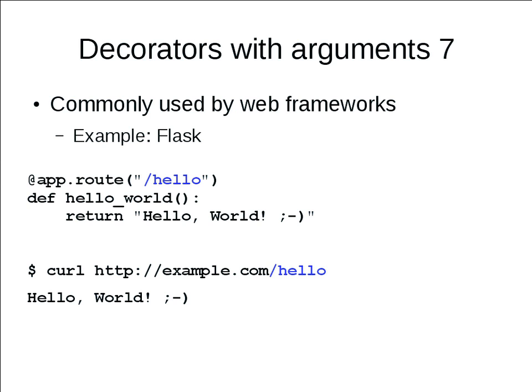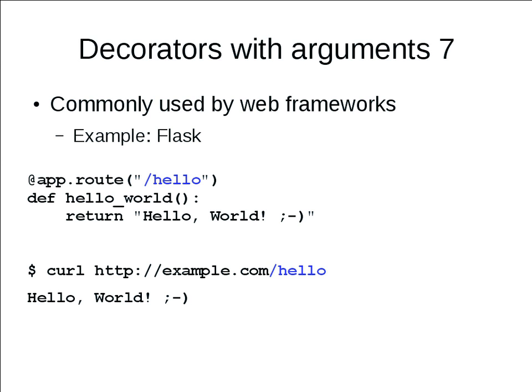Finally, I'm back to the Flask and Django example. So here we're showing Flask code. If somebody visits our website and goes to slash hello on the website, we want to serve up hello world with a little winking smiley, because why not? And so here's our function. All the function does is return the string we want served up.